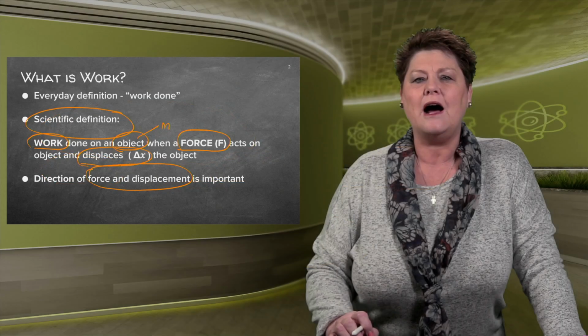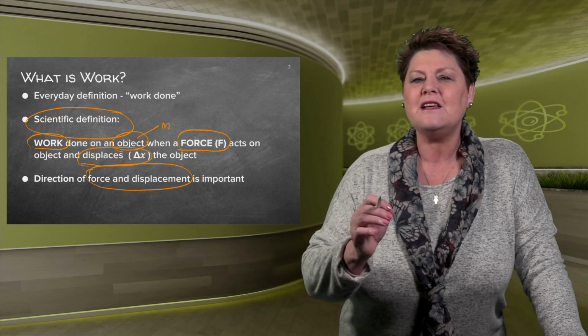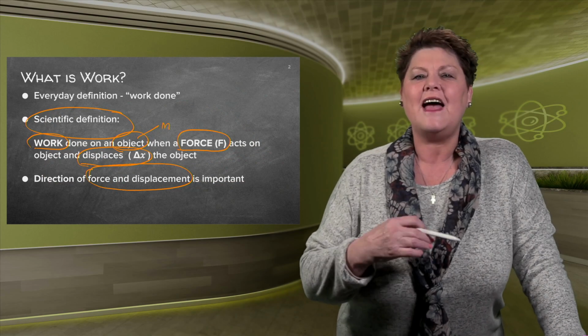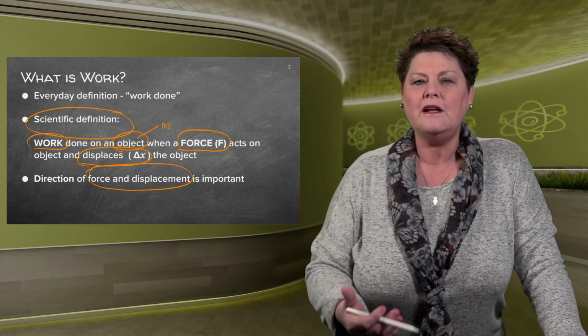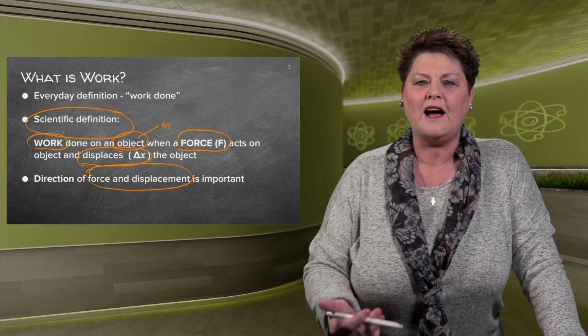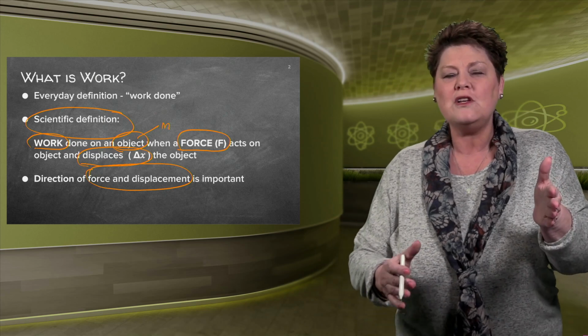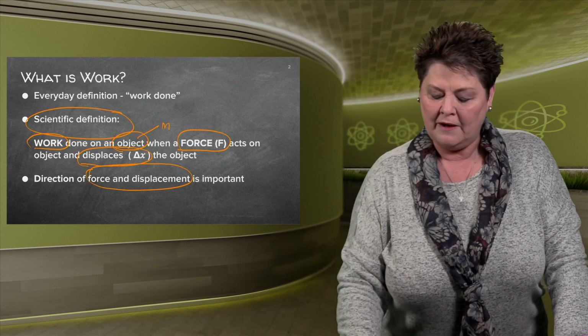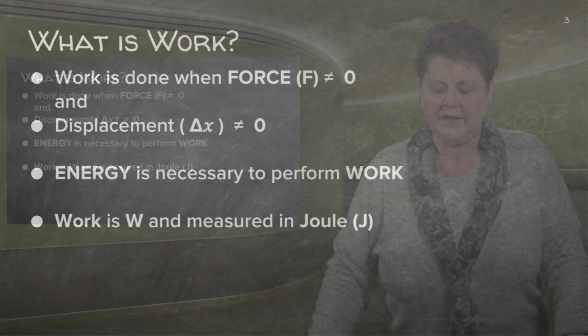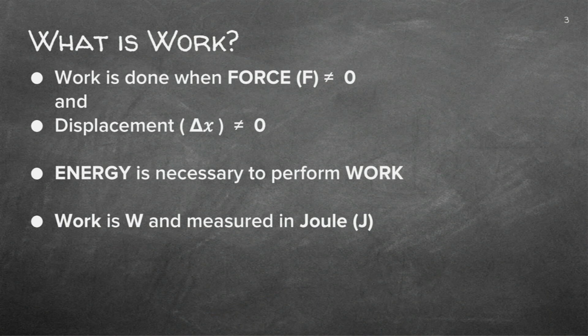You'll see just now that it's sometimes a different direction and it can be the same direction. So you'll see we'll compensate in our equation for the direction of the force in conjunction with the displacement or the position change. Right. Work is done when a force is not zero. So if the force is zero, no work has been done, or if there's no displacement.